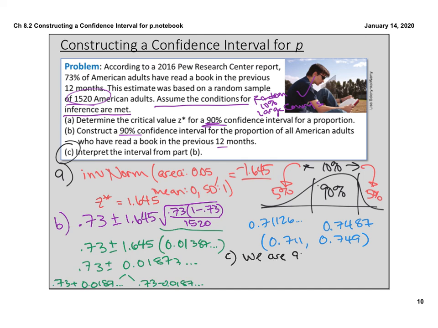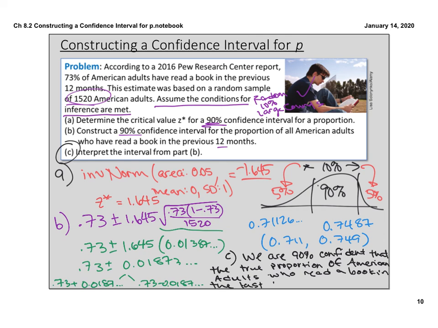We are 90% confident that the true proportion of American adults who read a book in the last 12 months is in the interval, or you could say is between 0.711 and 0.749.